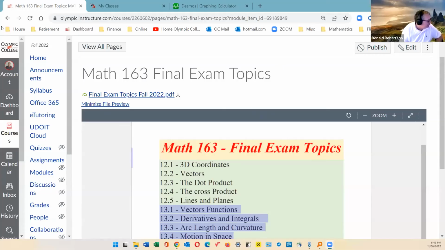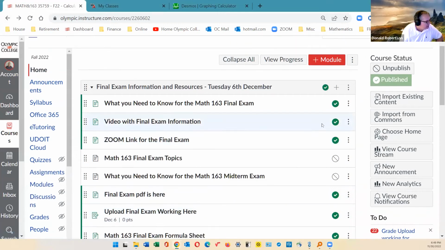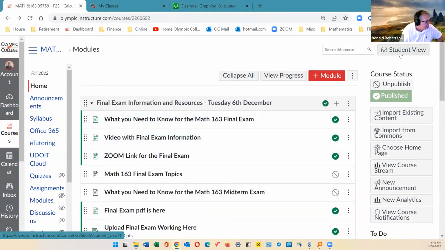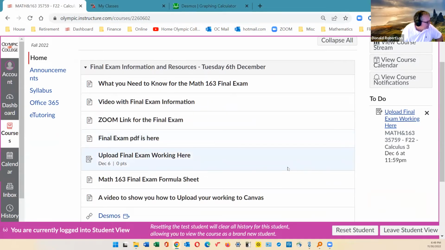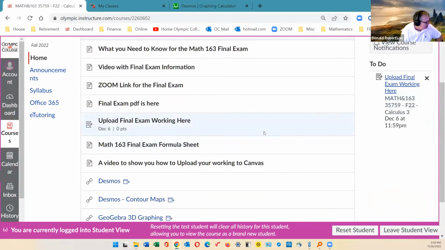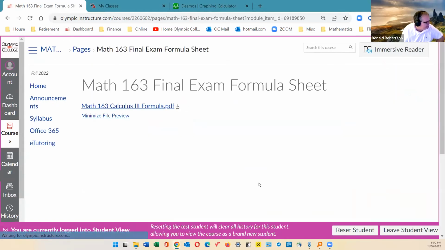So I'm going to nip back to the formula sheet. I'll go into student view because I'm pretending to be a student here. I'd say, oh God, there's an arc length formula. I know there is, I can't remember it. So I'm going looking for it.